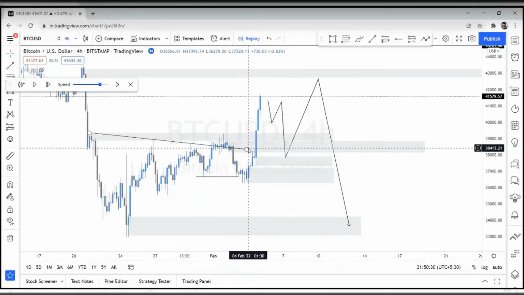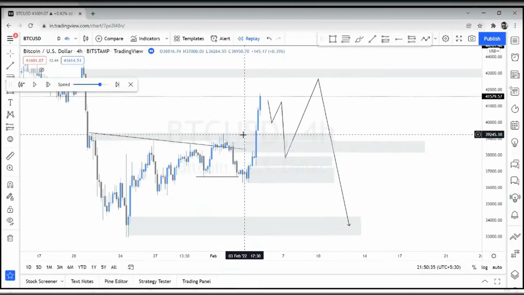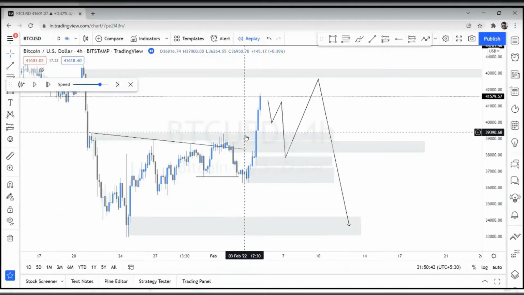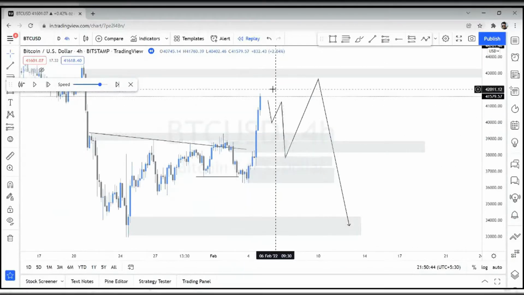And if you did not look for a confirmation right here, what do you have? You have hit your stop loss right here, and those people who are trading without any stop losses are in a huge negative position right now.